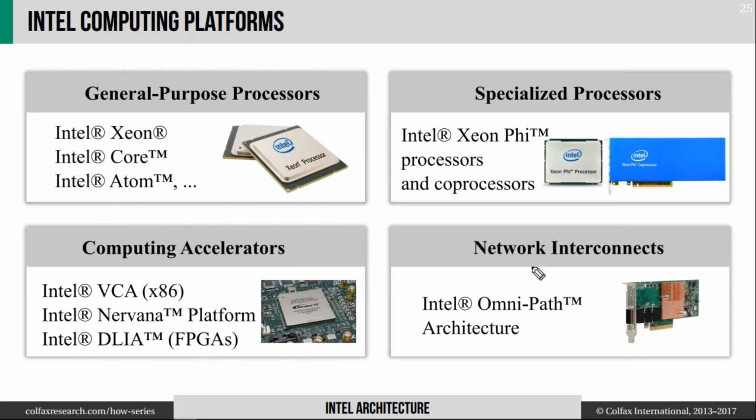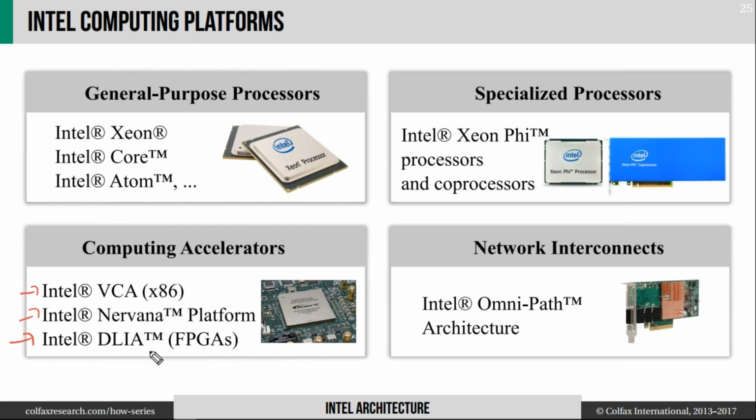And for reference, I'm also including network interconnects. We will play a little bit with the Intel OmniPath architecture, which is a high-performance interconnect for clusters built by Intel. And I will mention the Visual Computing Appliance, the upcoming Nirvana platform for deep learning, and the deep learning inference appliance built based on FPGAs.